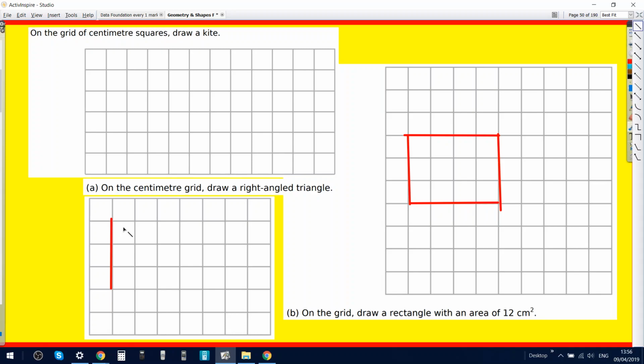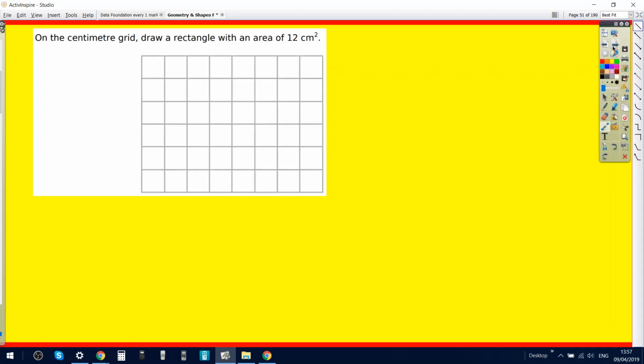And the third line would just go along to the right. I don't know how many squares. Yeah, that's it. And so I do the diagonal one last. Yeah. How would you do this one? So that would just be 3 up, 4 along. What if it had said perimeter?